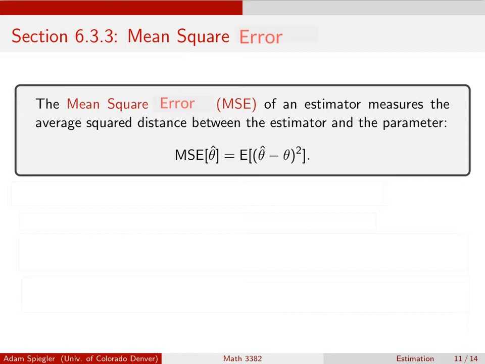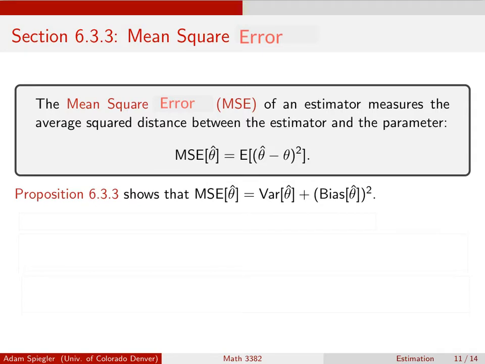Similar to how we proved the property with variance, there's a proposition in the book, 6.3.3, that shows we can rearrange terms, basically doing some algebra, so that the mean square error we can write as the sum of the variance of the estimator plus the bias squared of that estimator.